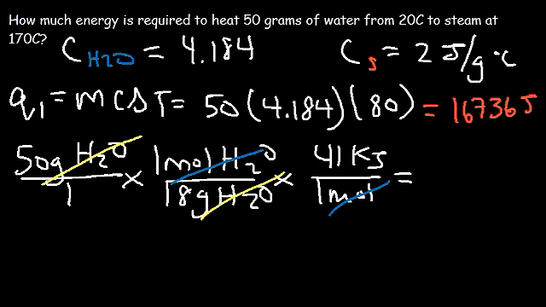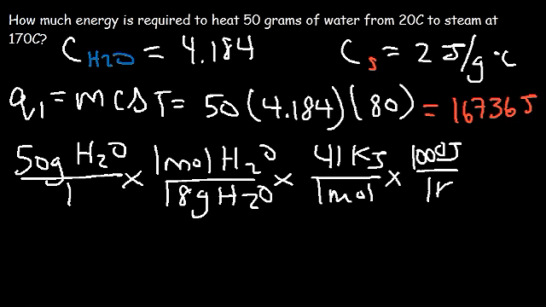But notice that the unit here is in kilojoules, and the others are in joules. We're going to have to add Q1, Q2, and Q3. In order to add them, they must share the same unit. So we need to convert kilojoules into joules. Therefore, we can add an extra step. We can multiply this by 1,000 joules per kilojoule.